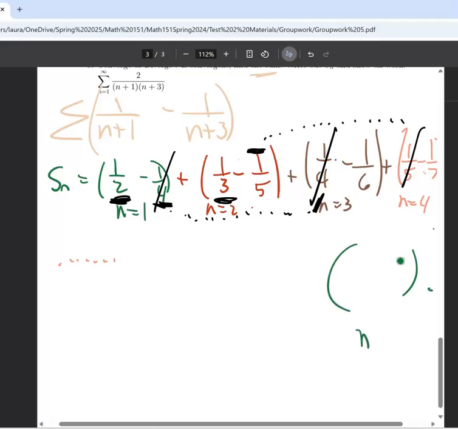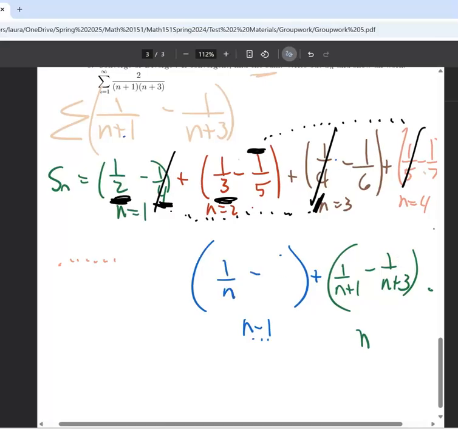Okay, so let's write out the last term. So that's the nth term: 1 over n plus 1 minus 1 over n plus 3. And if I was to write out the n minus first term, that'd be plugging in n minus 1 into here: 1 over n minus 1 over n plus 2. And I'm going to do one more. I'm going to put the n minus second term in here.